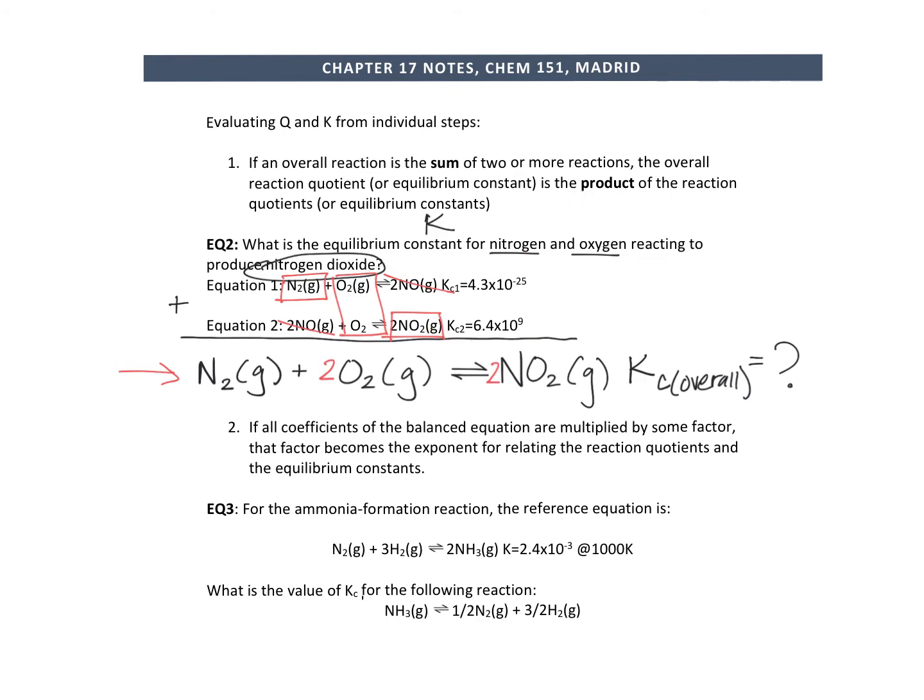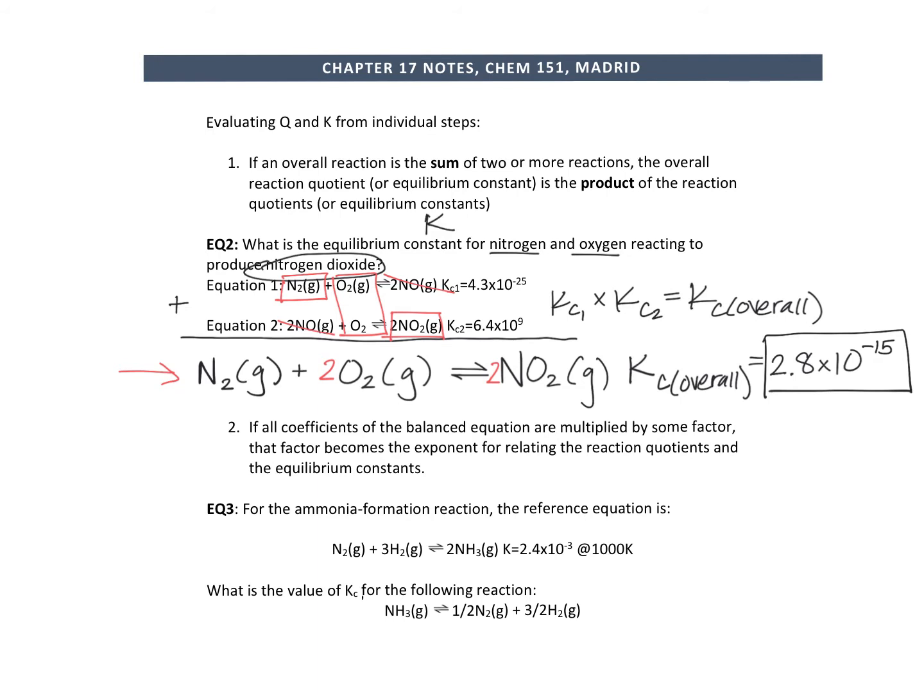So all I need to do is take Kc1, multiply it by Kc2, and that gives me Kc overall. Go ahead, pause the video and do that. And then when you have an answer, press play again and check your answer.